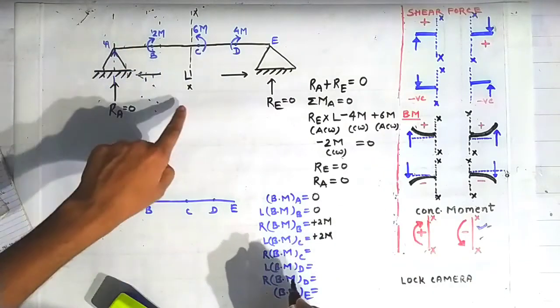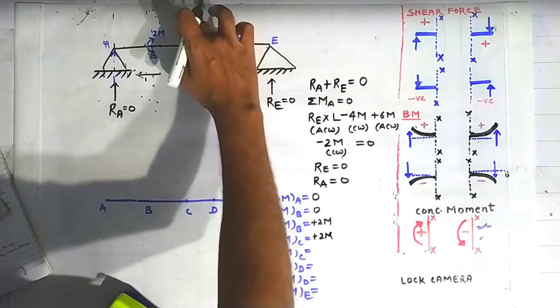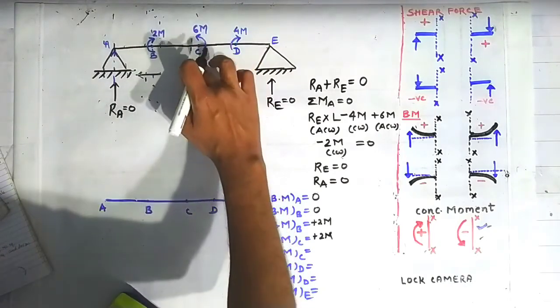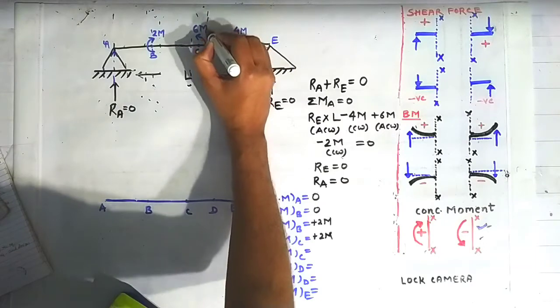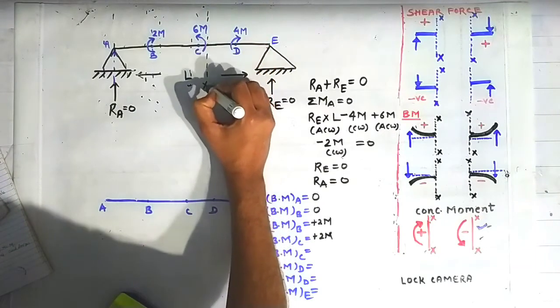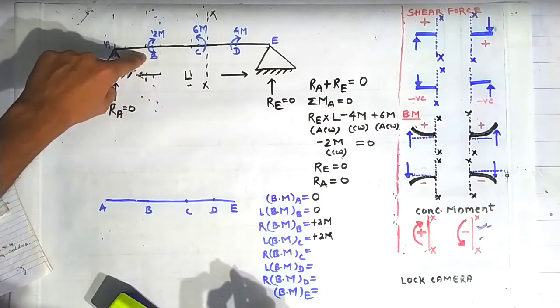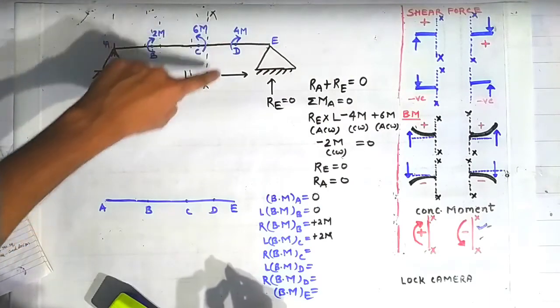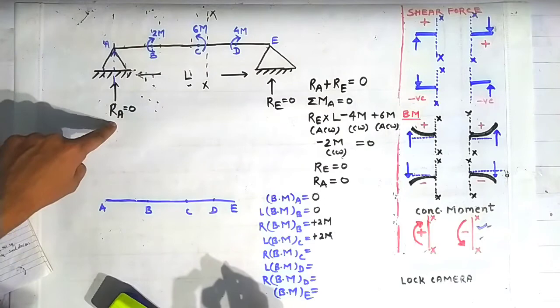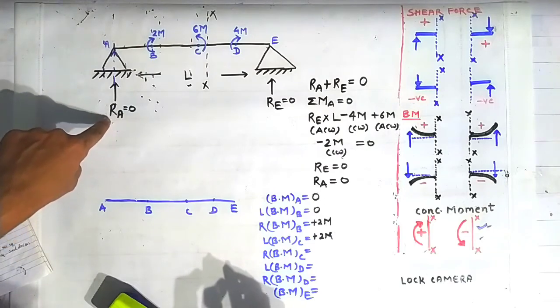And bending moment on the right side of the point C, when we want to calculate this, we have to construct a section on the right side of the point C. This is the section XX. Then these two concentrated moments are accounting for bending moment about this section XX only. This force is not accounting for anything because its magnitude is 0.